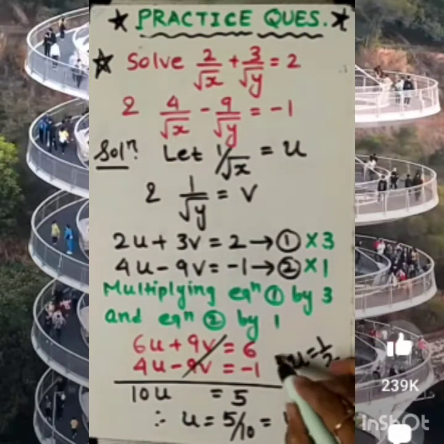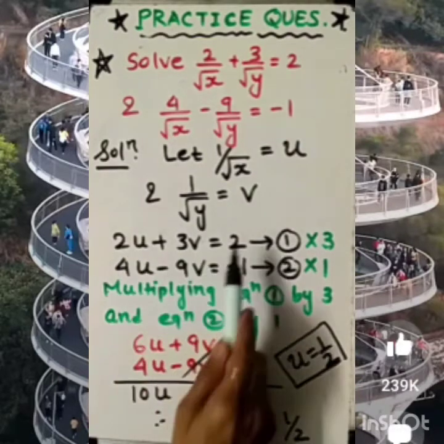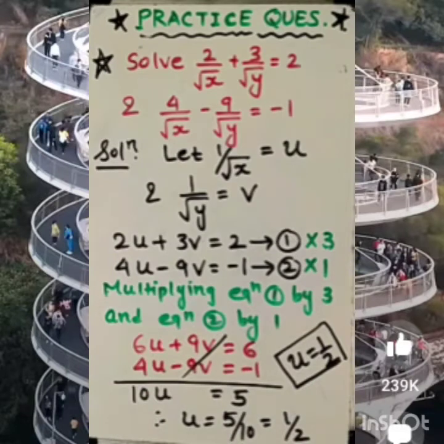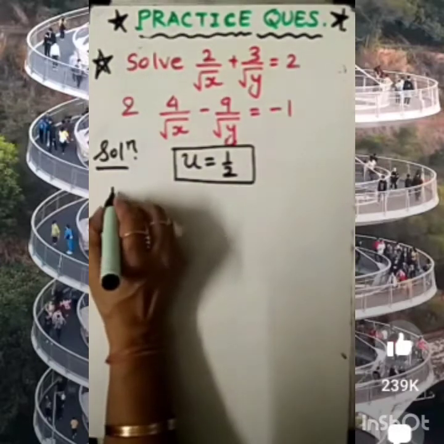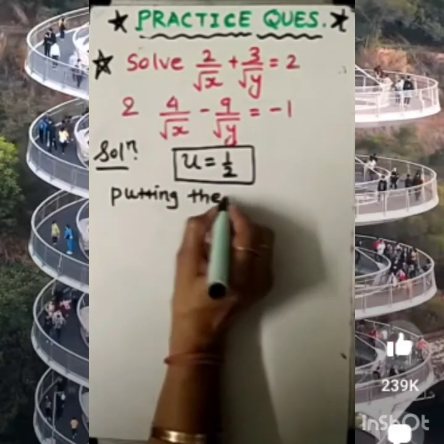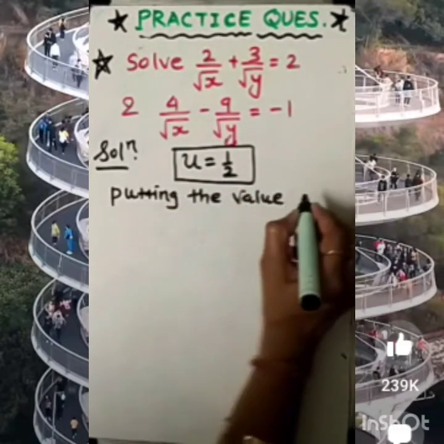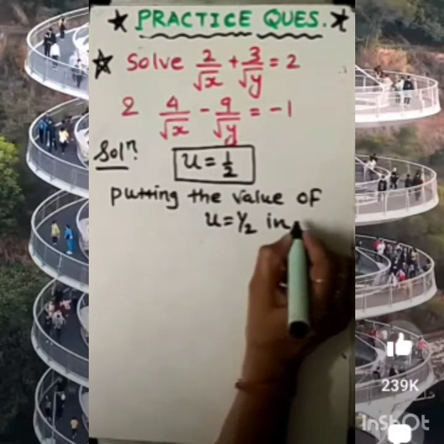Okay. Now this value of u we are going to put in this equation, in the first equation. So let's see what will be the value of v we are gaining. So my dear student, the value of u we got is 1/2. Clear? So this value we are going to put. Putting the value of u equal to 1/2 in equation number 1.